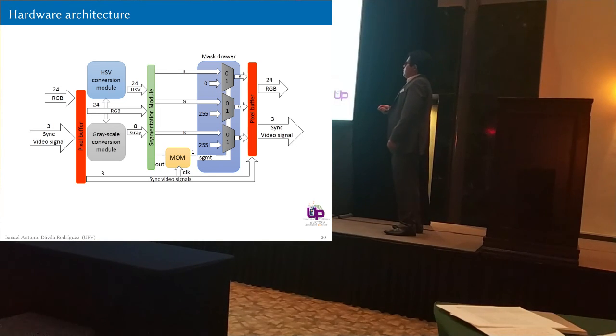All these modules are combinational circuits. After that, there is a segmentation module, which gives the segmentation output, and this MOM is the morphological operations module. You see only MOM and the pixel buffers are synced by the video signals. And after that, the mask driver will draw the segmentation output.